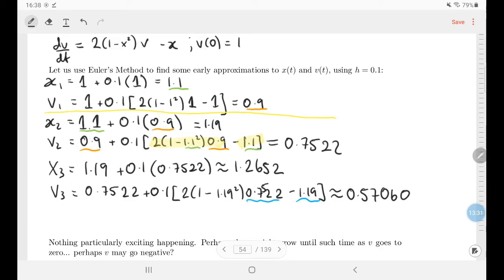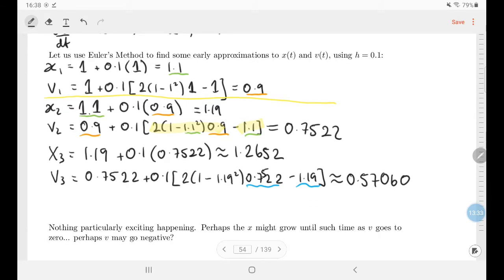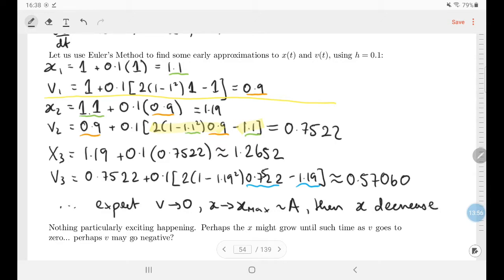So what you'd expect to see, if you kept on going, is the velocity going to 0, and therefore the x reaching an x max, which would be kind of like an amplitude, and then the spring force will kick into play and the x will decrease, and then the velocity will go negative.